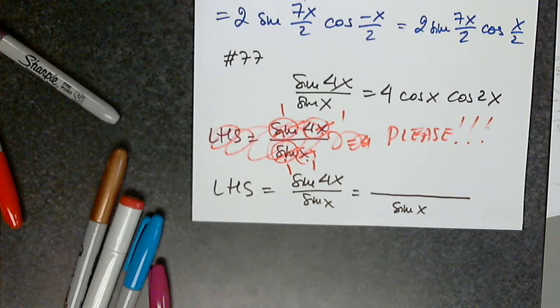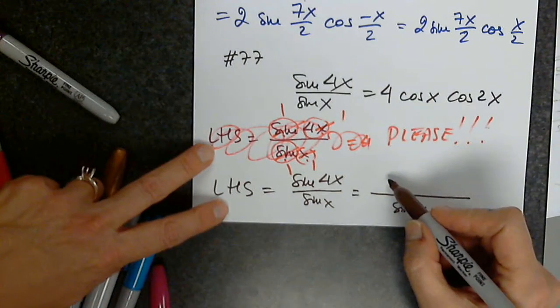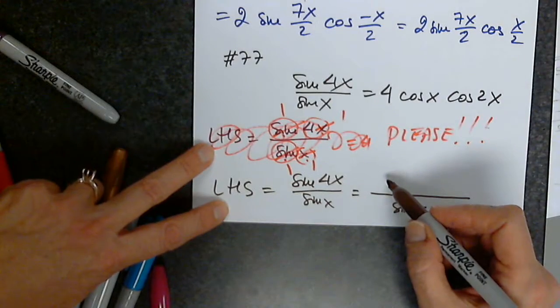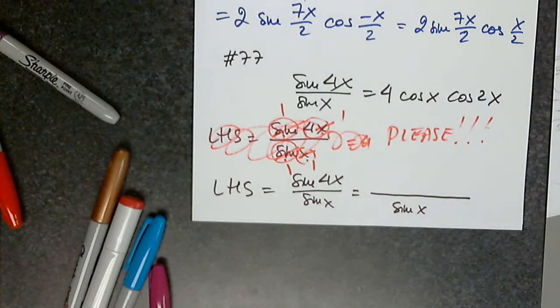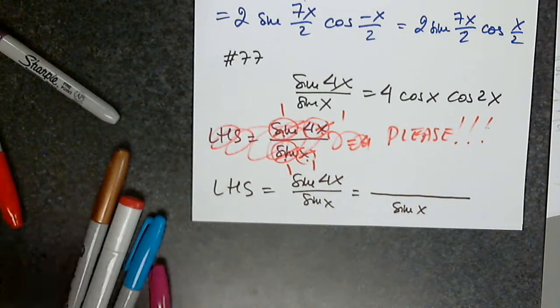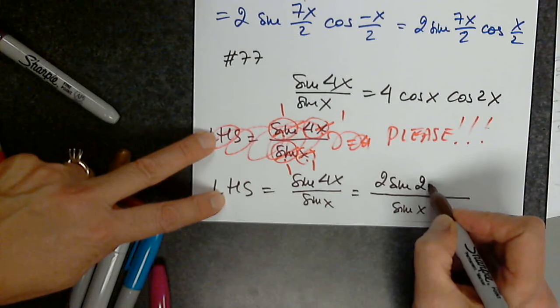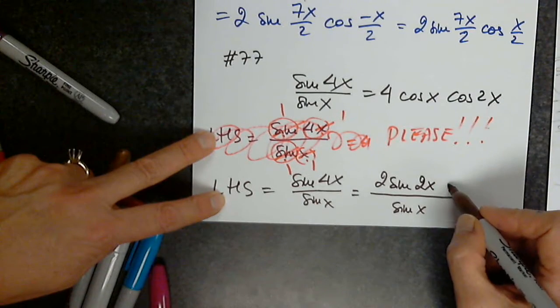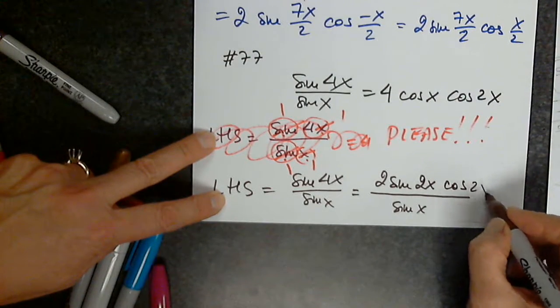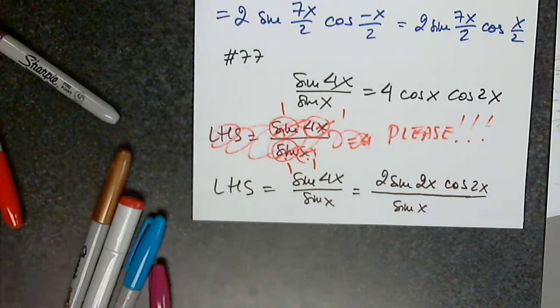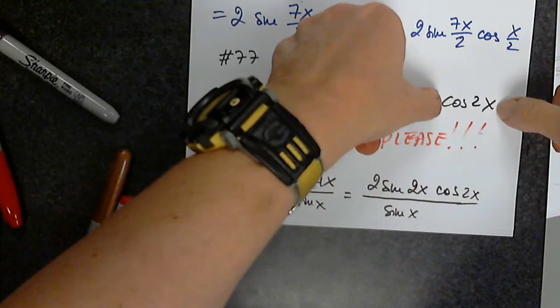Something we discussed today and played with about an hour and a half ago. So 2 sine 2x cosine 2x. Wonderful. Look, I'm already one step closer to the right-hand side.